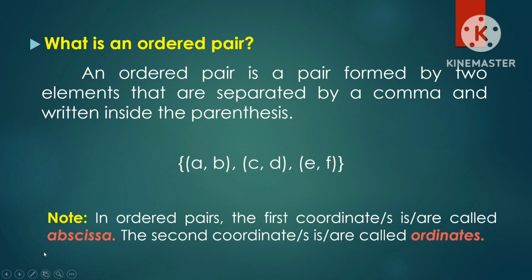Now, here in our given ordered pair, A, C, and E is our abscissa, since they are the first coordinates, right? And yung B natin, D, tsaka F, yung tinatawag nating ordinates, since they are the second coordinates. Okay? So, very simple lang. Sa ordered pair, merong first coordinates na tinatawag nating abscissa at meron ding second coordinates na tinatawag naman nating ordinates.